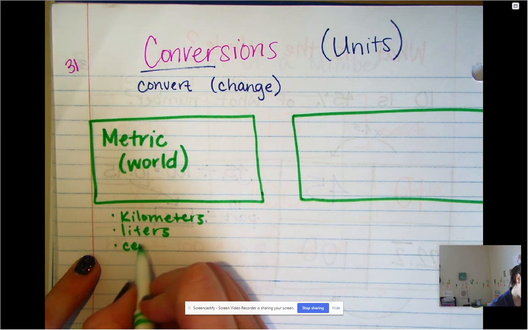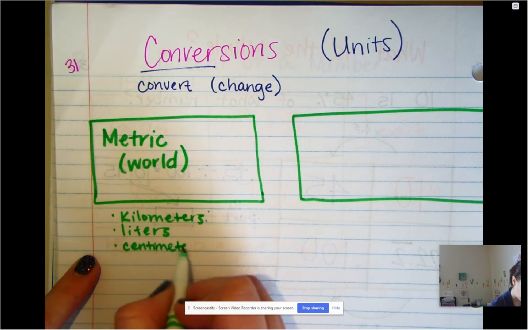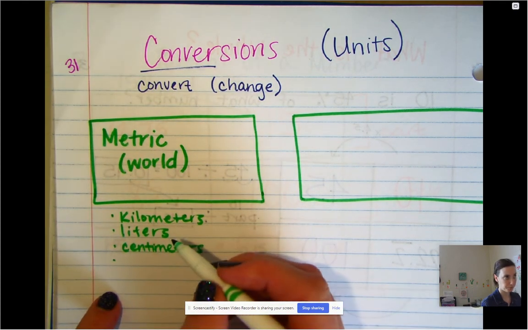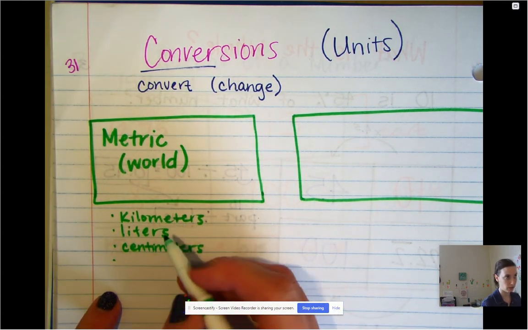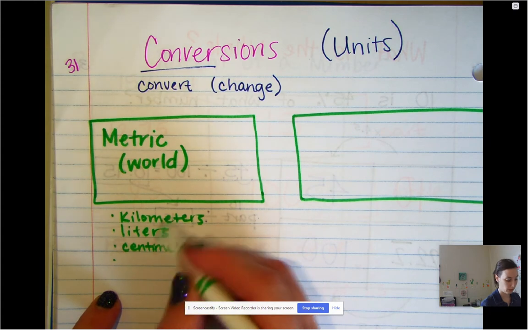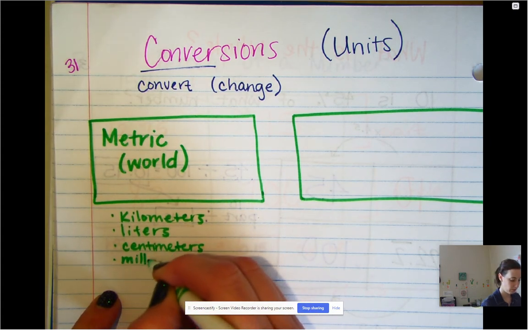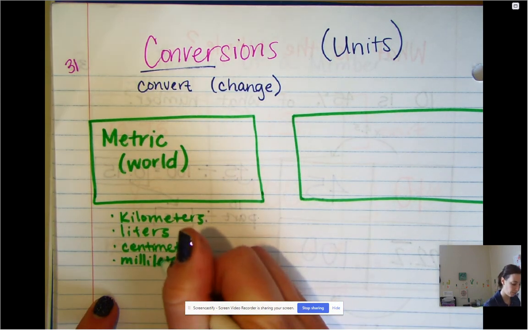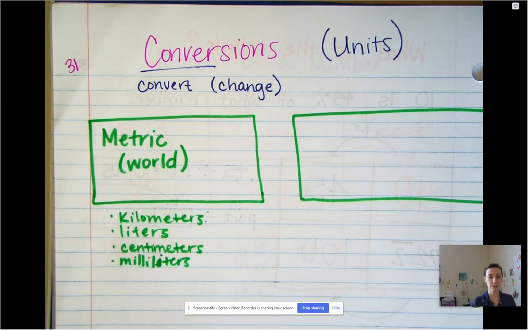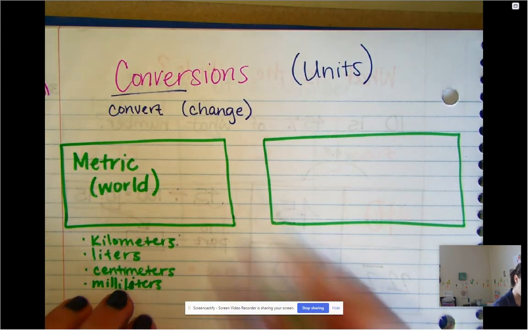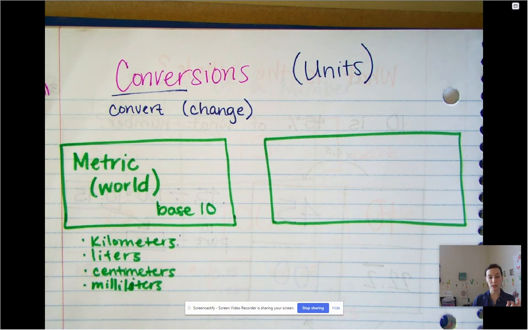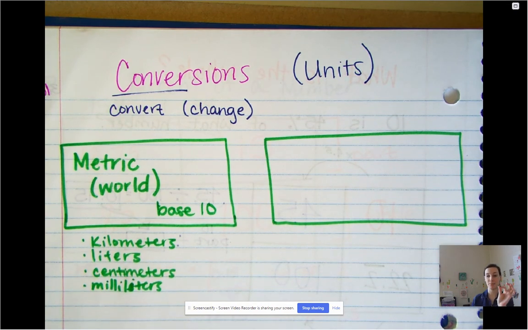Meters, centimeters, cubic, milliliters. I can't think of anything else right now, but I know there's a lot of them. Okay, and this is a really easy system to work in because everything is a base 10. So every unit is 10 times smaller than the next unit up.